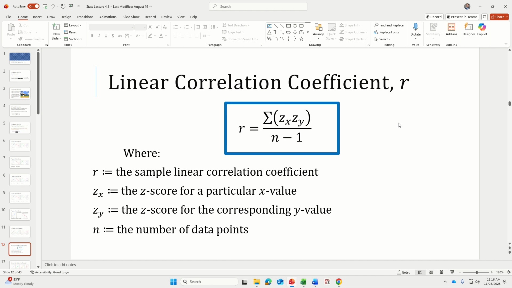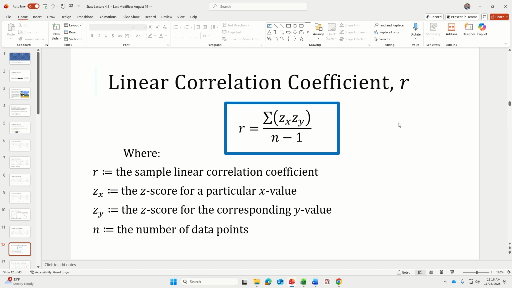We can calculate what's called a linear correlation coefficient. And it's kind of a long formula for a linear correlation coefficient. It involves first taking the z-score for every single measurement in your x variable.